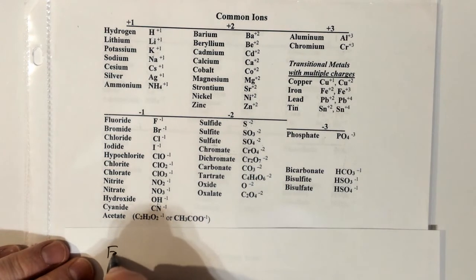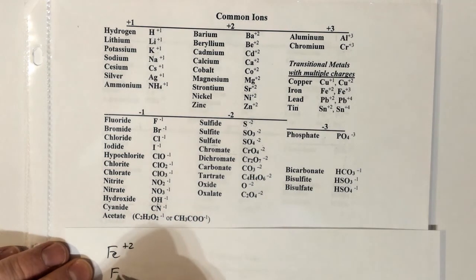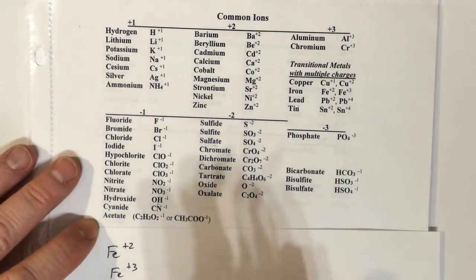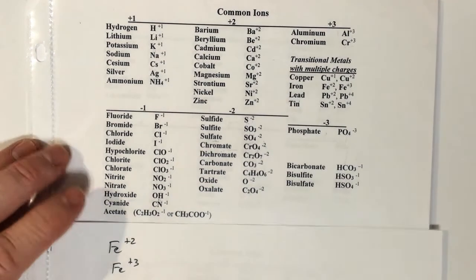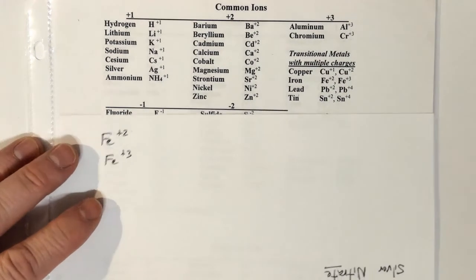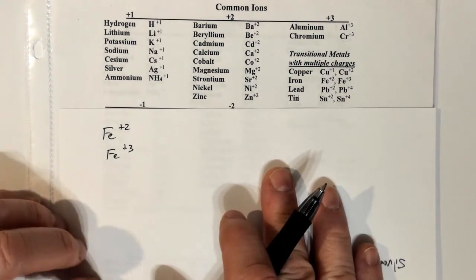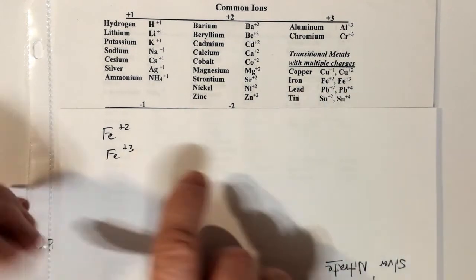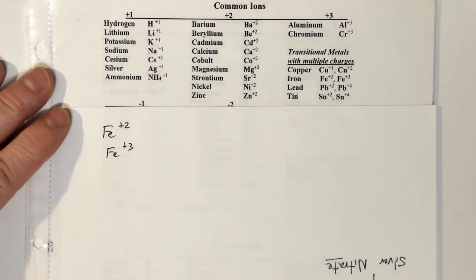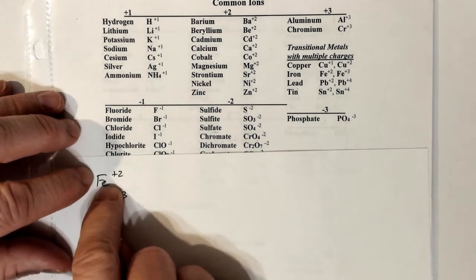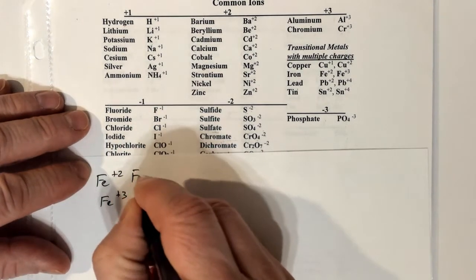Iron likes to use +2 and +3 because it's from the transition metal area. And so these commonly use different charges, and we have to help the reader know which iron is actually making the formula. Okay? It's a plus ion, so it never changes its name. But let's put this iron with fluorine. Okay?